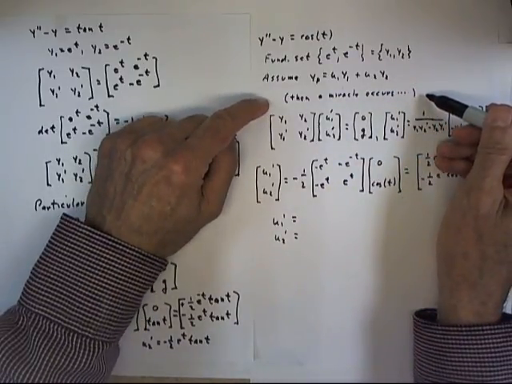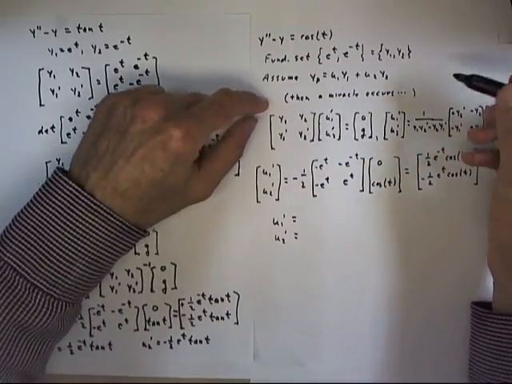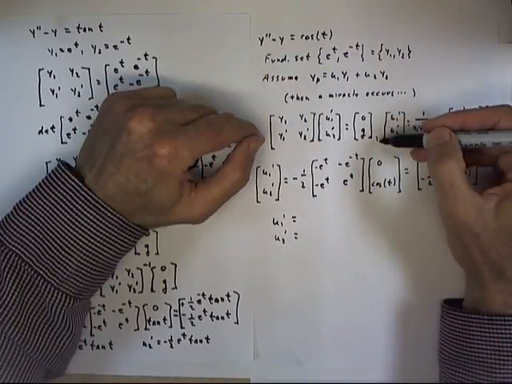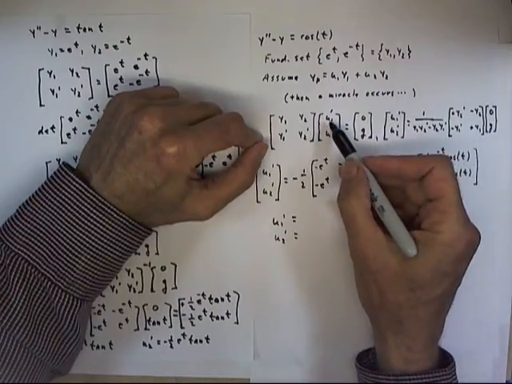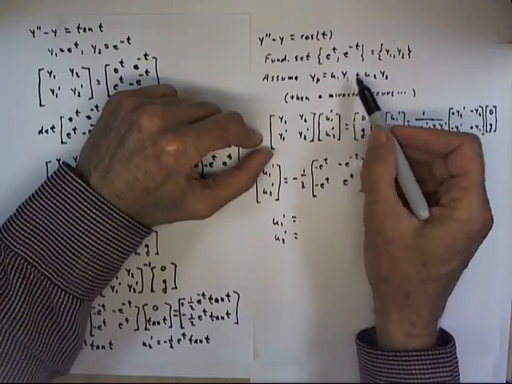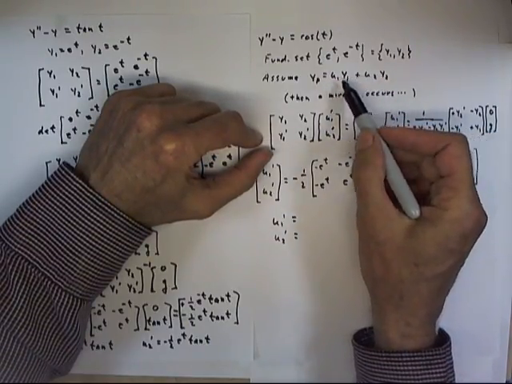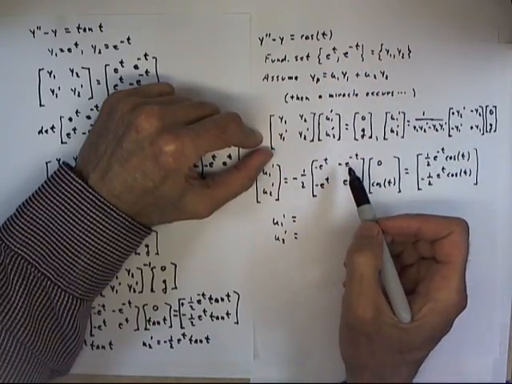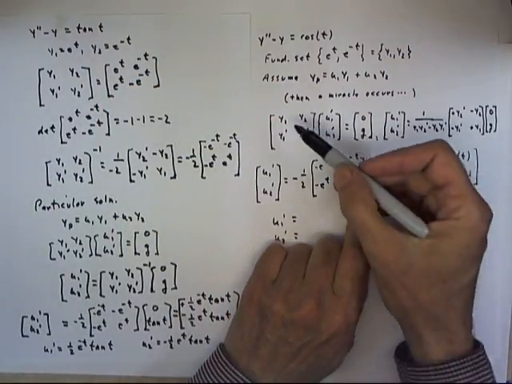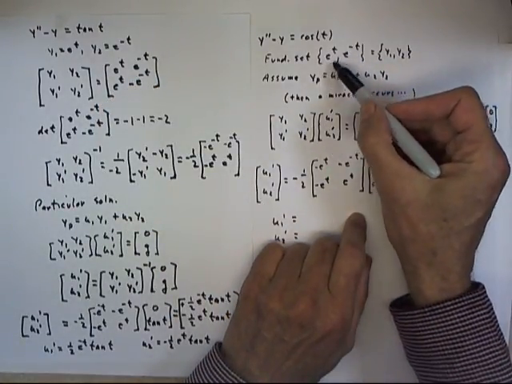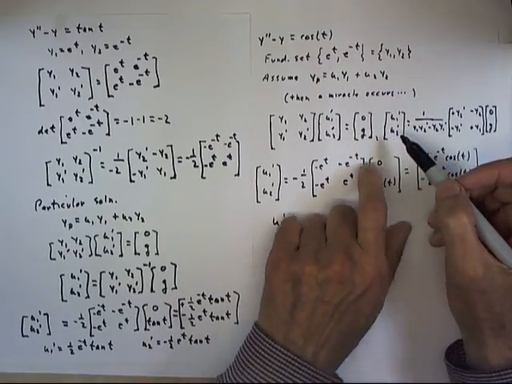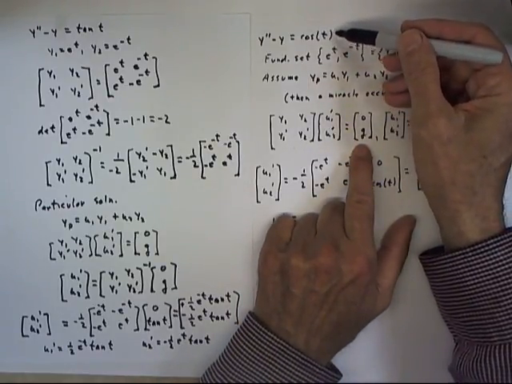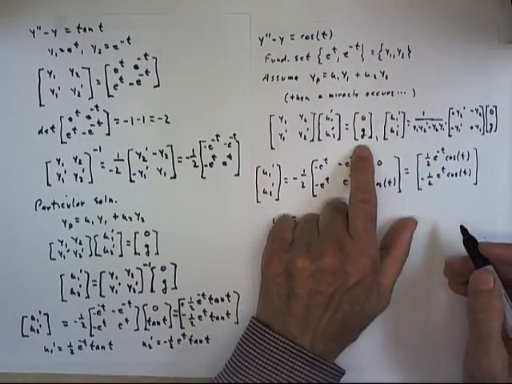We'll fill in the steps of the miracle, not that difficult, but having made this assumption, we then know that the functions u1 and u2 that lead us to the particular solution have to satisfy this matrix equation where y1 and y2 are the two functions in our fundamental set, and g is the right-hand side of our non-homogeneous equation.